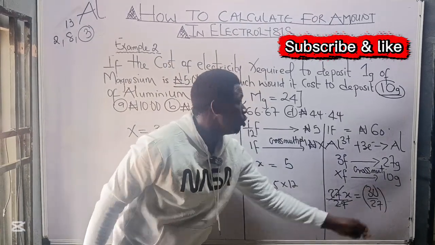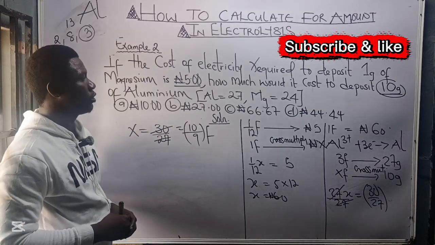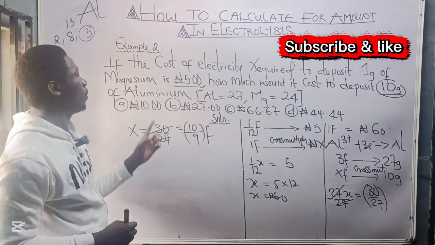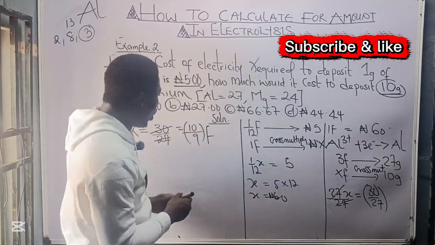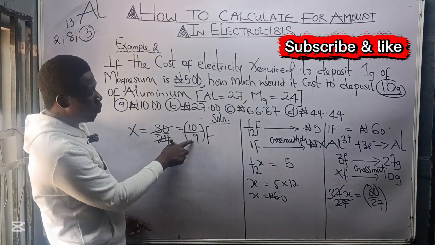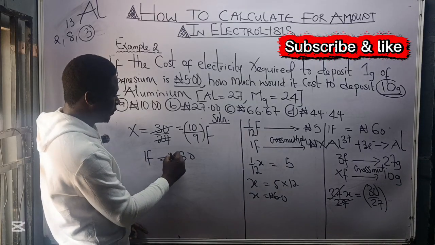Do you understand? So what do we do now? The question says, how much will it cost to deposit 10 grams of aluminium? Now you know that 1 Faraday is 60 naira. So what will be the cost of 10 over 9 Faraday? So 1 Faraday is 60 naira.